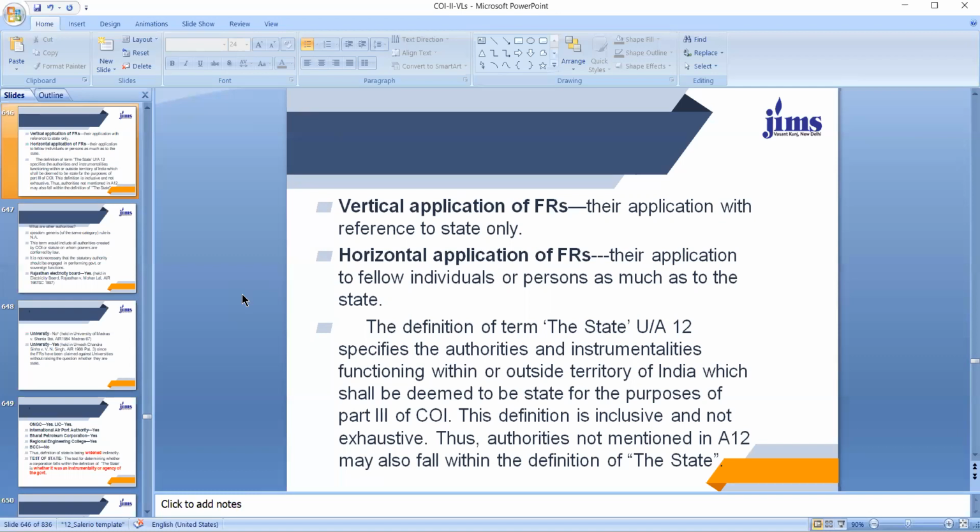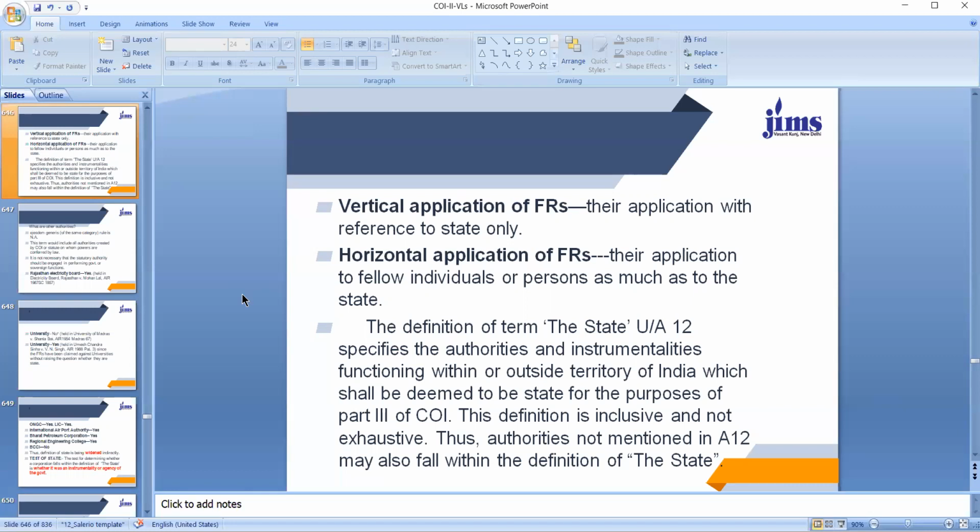So whenever we talk of vertical application of fundamental rights, we are talking about their application with reference to state only. And when we talk about horizontal application of fundamental rights, we are talking about their application to fellow citizens or persons as much as to the state.